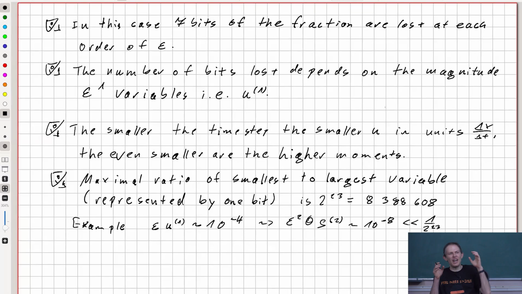So this means if you have a small vortex and a large vortex, and you want to see the pressure drop inside the small vortex, you see nothing, okay? Just because it numerically doesn't exist.